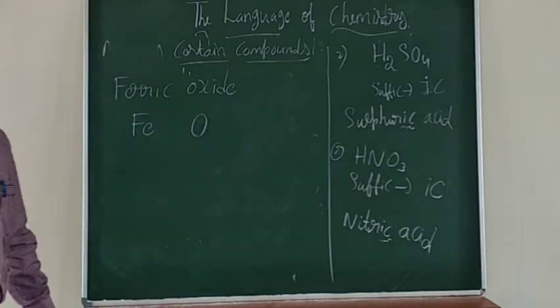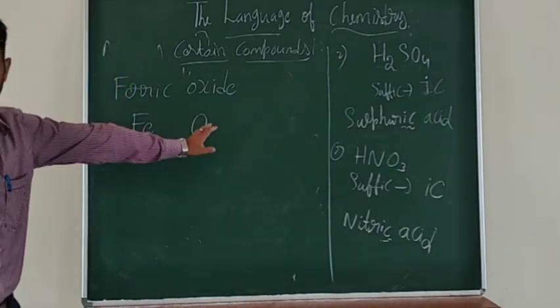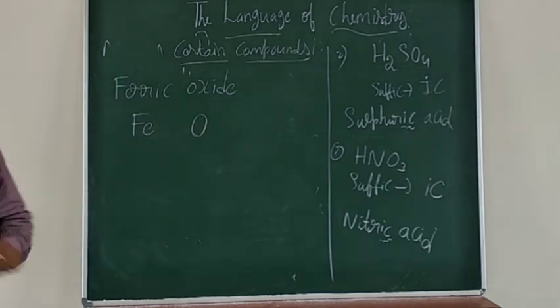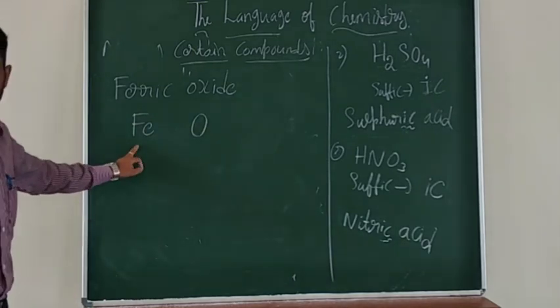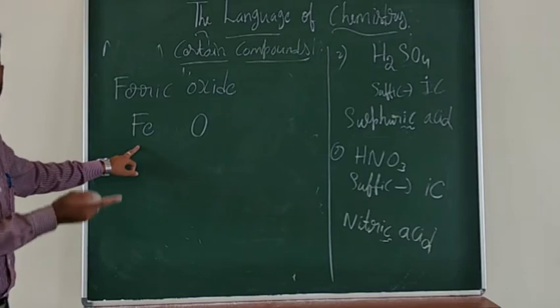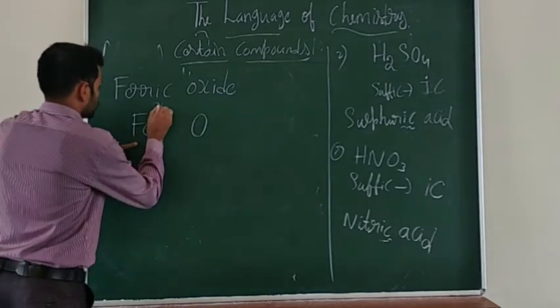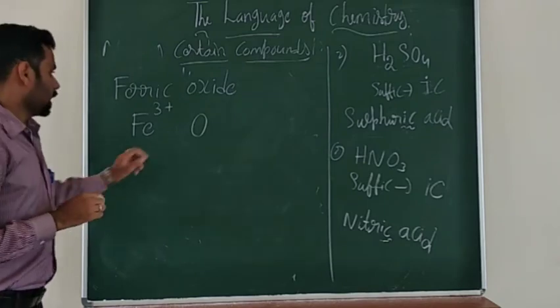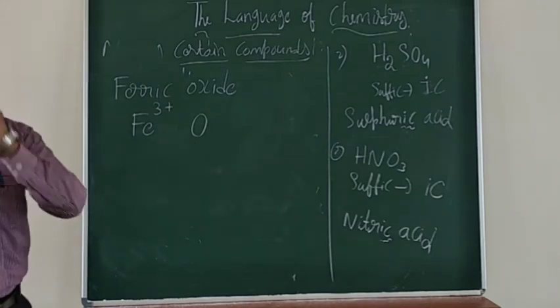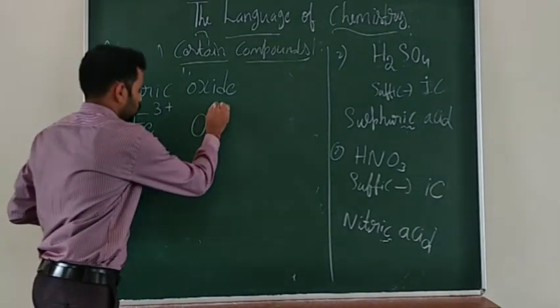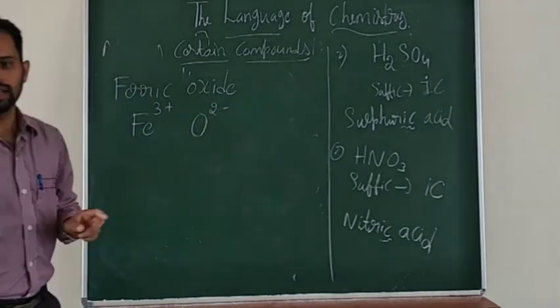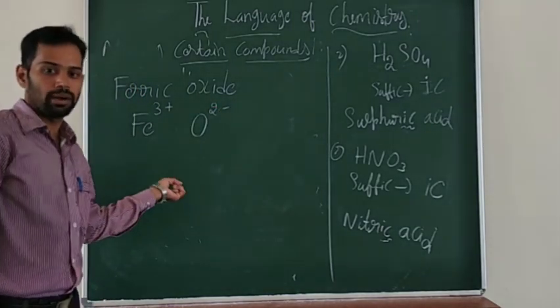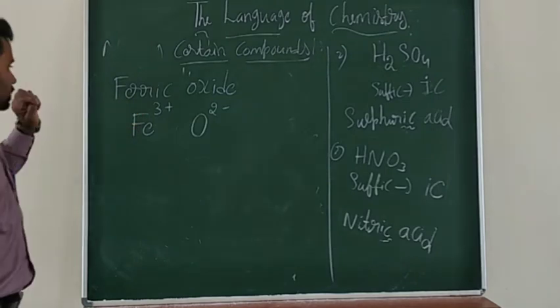Oxide, O. As I told, ferric valency is 3. Next step, write the valency on the top of the element. So write 3 plus. And oxygen valency we already know is 2, so 2 minus, on the top of the element. Then in the next step, cancel out the signs.